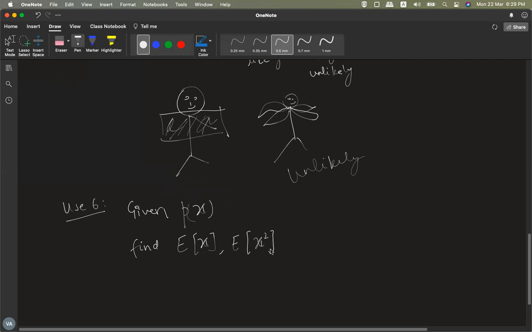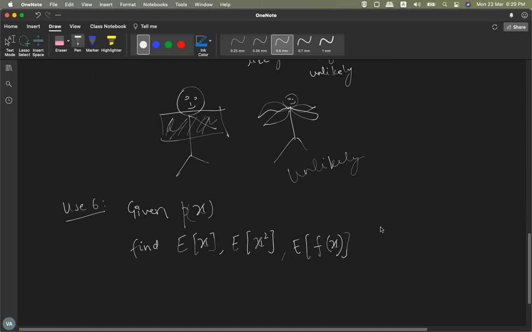How will you do that? Or the expected value of any function of x. How will you do that?